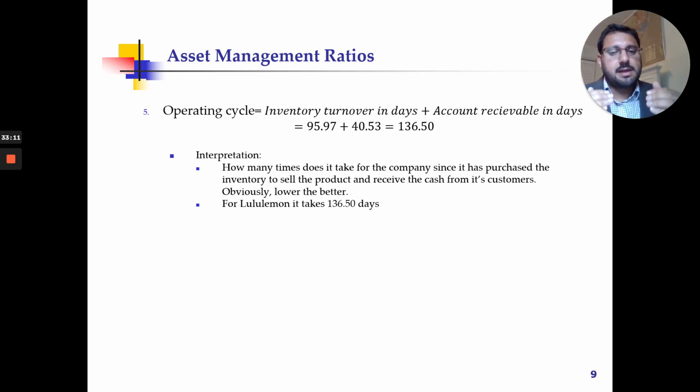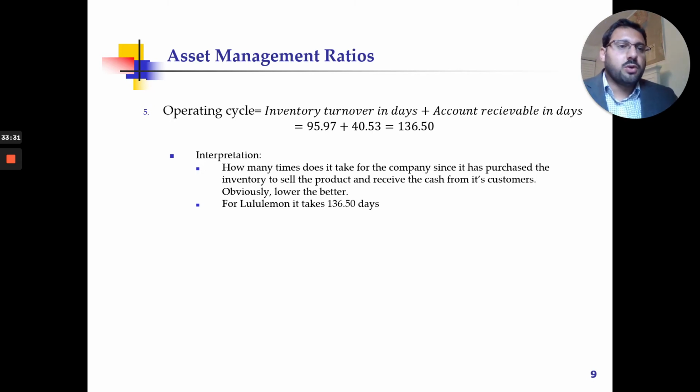So let's suppose the company has purchased the inventories today, and it takes 30 days for the company to sell those inventories. So those 30 days are the inventory turnover in days.